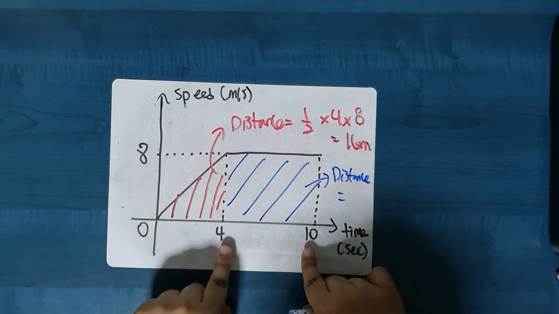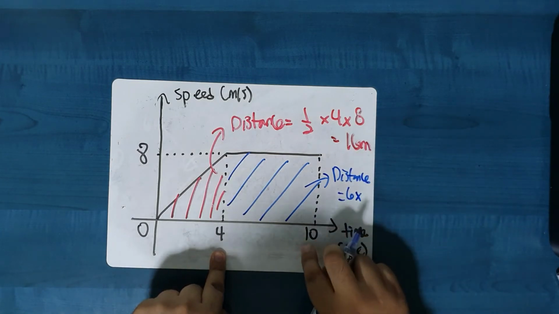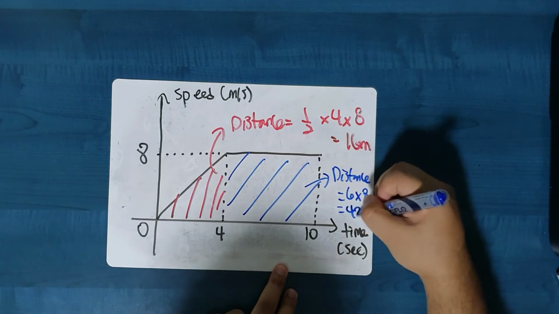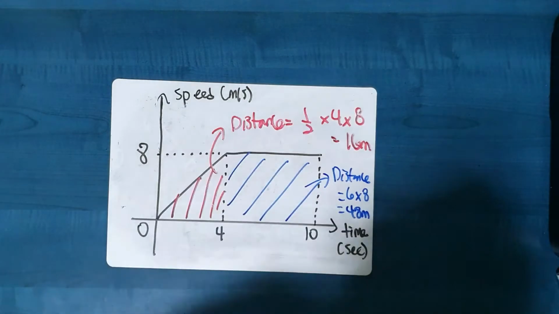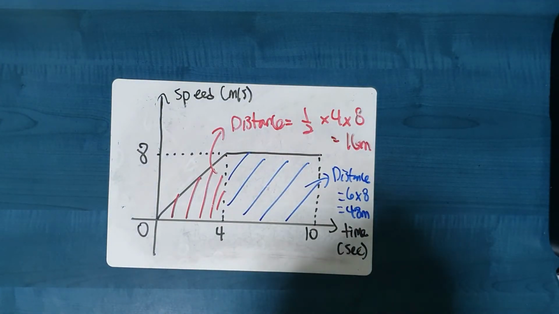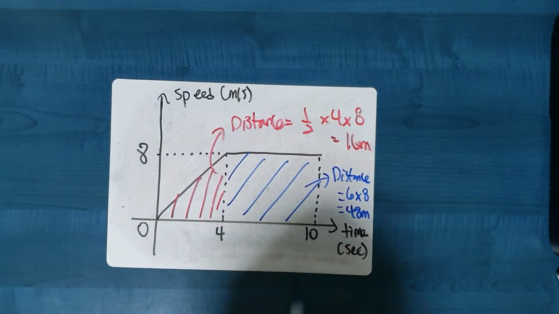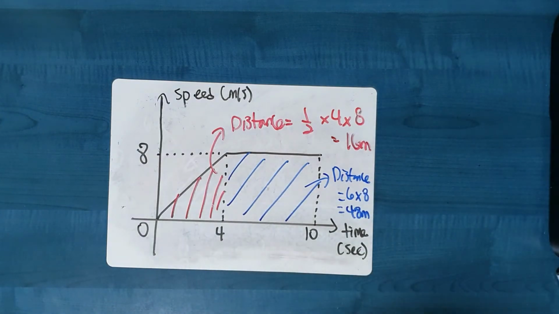So length is from 4 to 10, which is 6. And the breadth is from 0 to 8, which is 8. And you get 48 meters. So this is a distance of 16 meters and this is a distance of 48 meters. So the total distance covered by this moving object in the first 10 seconds is simply 16 plus 48.